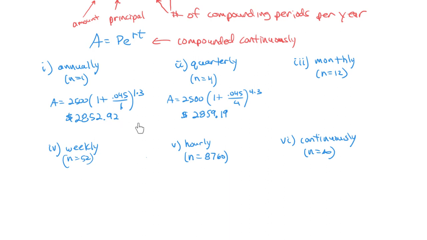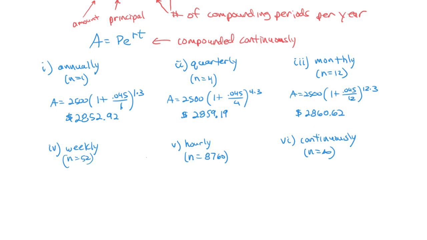And then monthly, if you compound monthly, the amount here would be 2,500 times 1 plus 0.045 over 12, raised to the 12 times 3. What I got here was 2860.62. Okay, so as the compounding periods go up, the amount goes up.